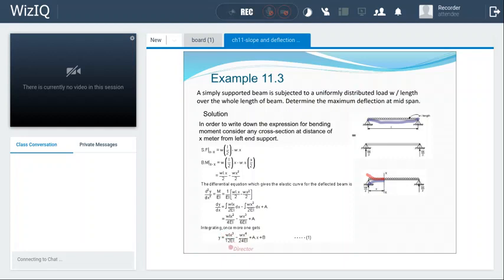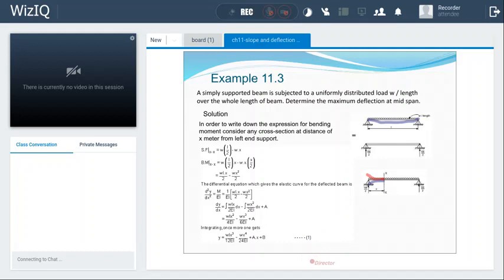So WLx cube over 12 EI minus Wx4 over 4, that 4 and this 6 will make it 24, plus Ax, integration of a constant will give you Ax plus B. So these are two constants of integration for this simply supported beam.